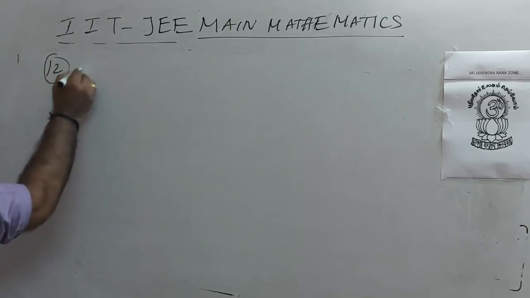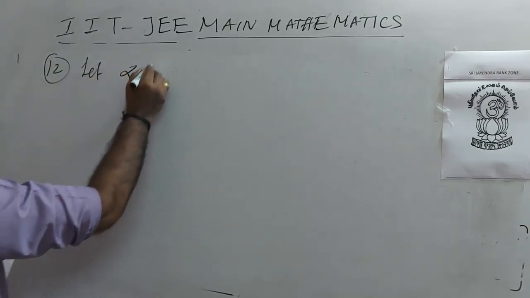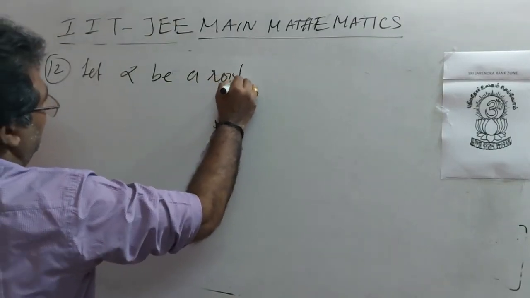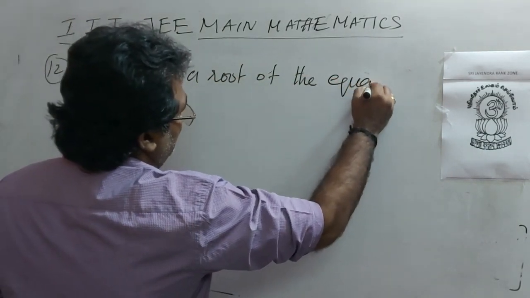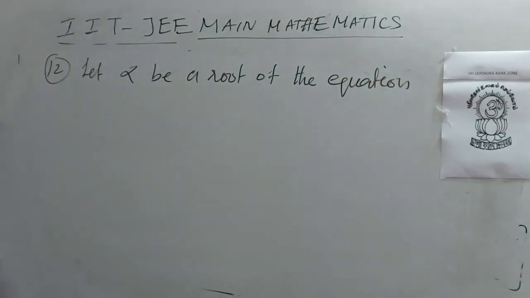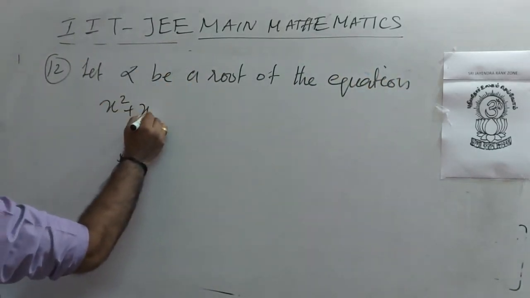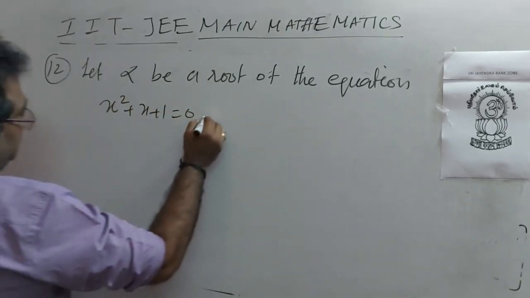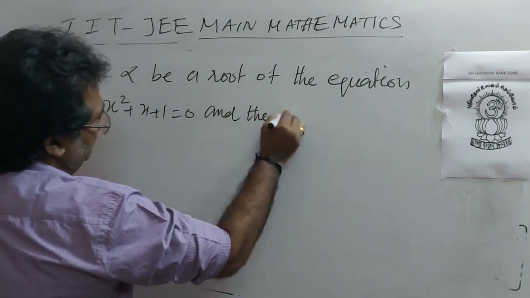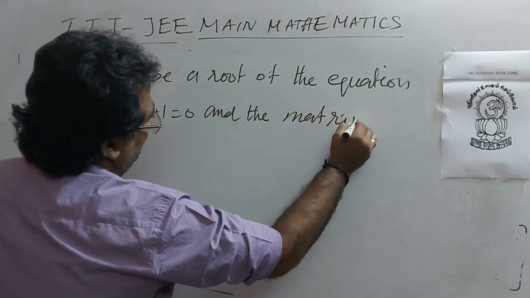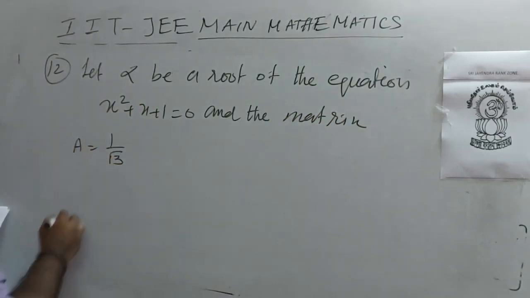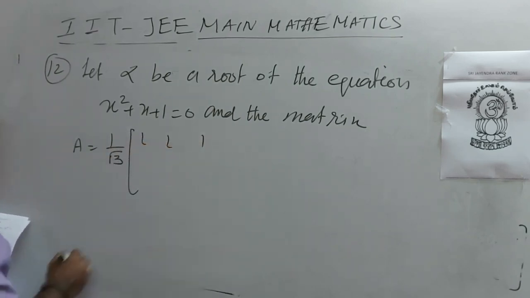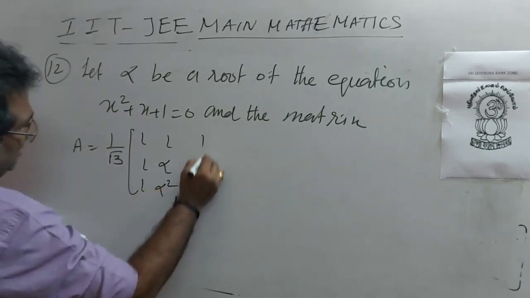Number 12. Let alpha be a root of the equation x squared plus x plus 1 equals 0, and the matrix A equal to 1 by root 3, [1 1 1], [1 alpha alpha squared], [1 alpha squared alpha 4].